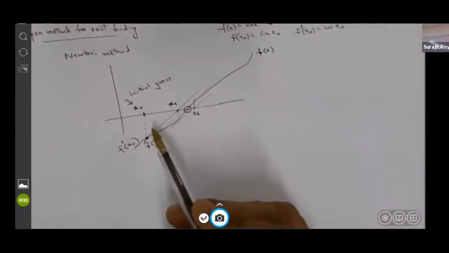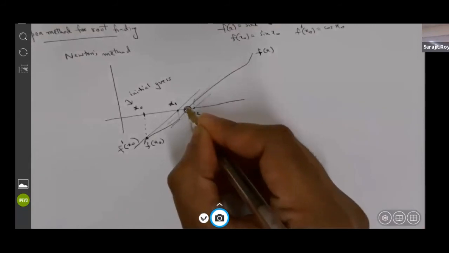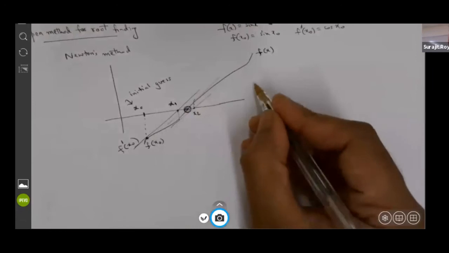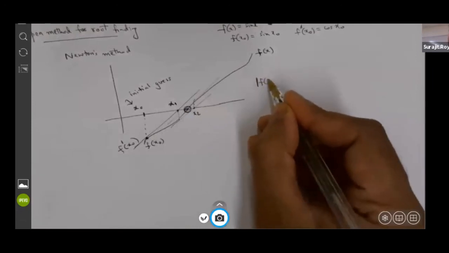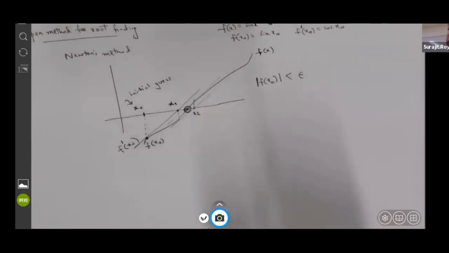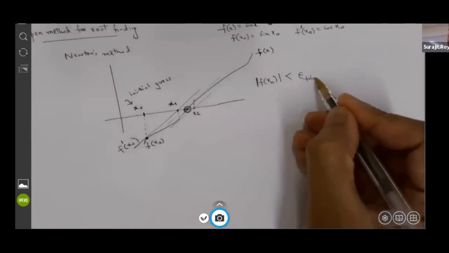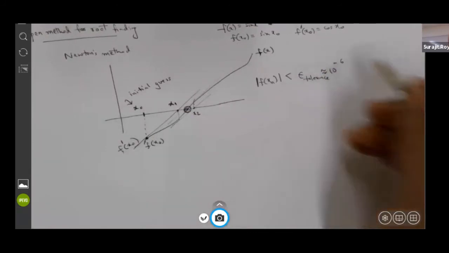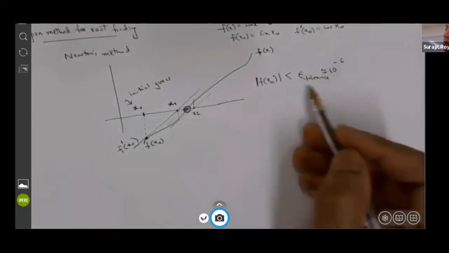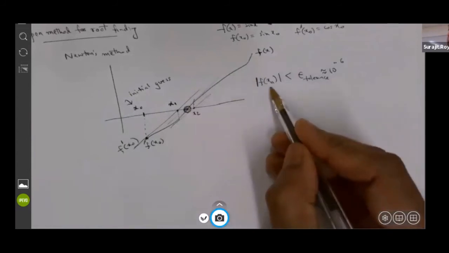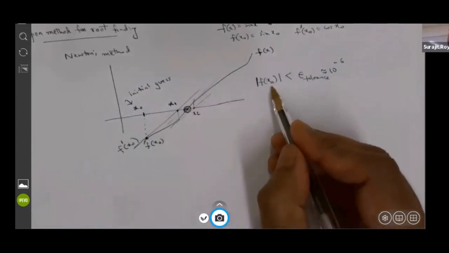The objective for us is to find the value of x such that the absolute value of xn after the nth step is less than the threshold value or tolerance level, which for most cases you can take as 10 raised to the minus 6. If you are satisfying this criterion, that means you are very close to the actual root. So that is what we are interested in finding, the value of xn.